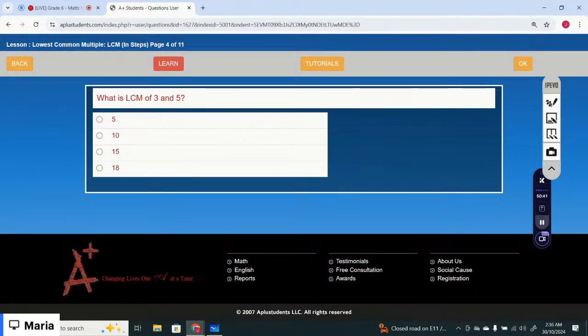What is the LCM of 3 and 5, which is the correct option? The correct option is 15. Option number 3 is the correct option. Very good.